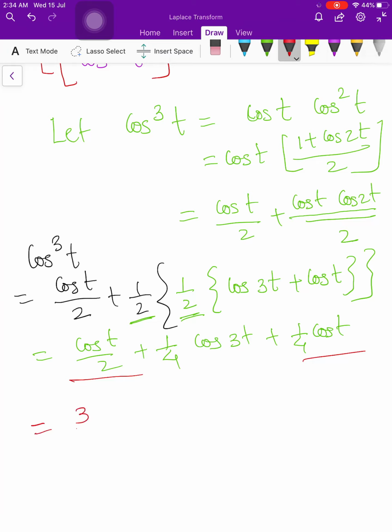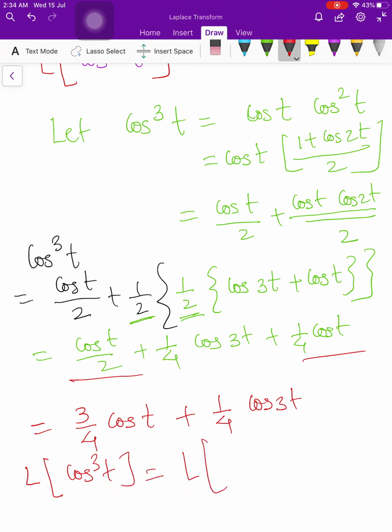It becomes 3 by 4 times cos t plus 1 by 4 times cos 3t. So finding the Laplace of cos cube of t is nothing but finding the Laplace of this function, that is 3 by 4 times cos t plus 1 by 4 times cos 3t.